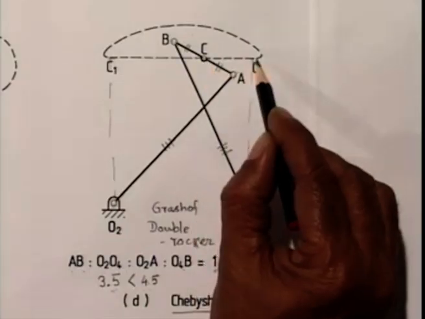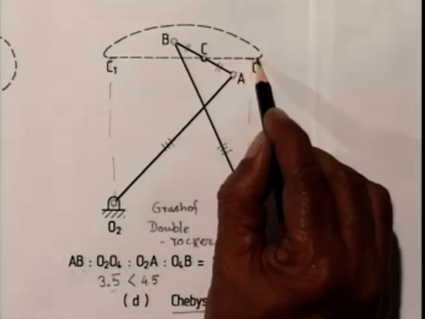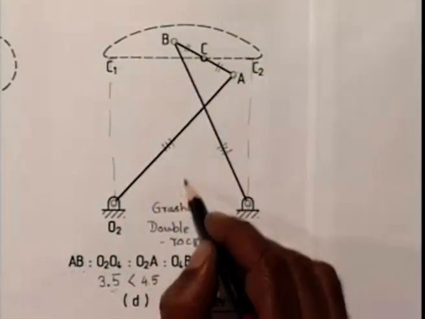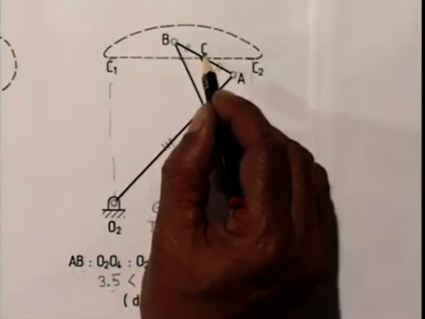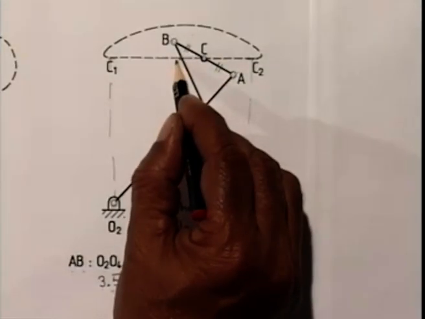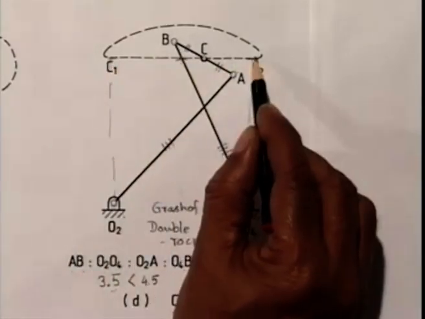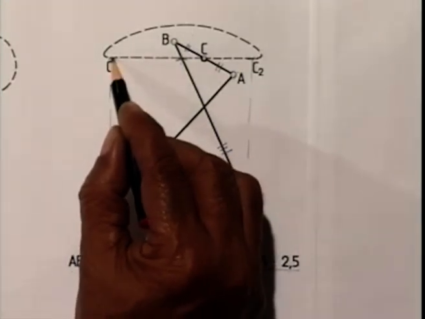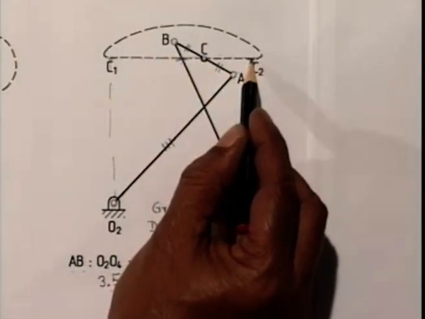When the coupler point comes to C2, again the velocity of this coupler point will be horizontal, and at the midpoint of C1 C2, that is at the midpoint of O2 O4 here, in that configuration again the velocity of this coupler point will be horizontal. If at these three locations the velocity is horizontal, that is the coupler curve is horizontal, then there is very little deviation between these 3 points.